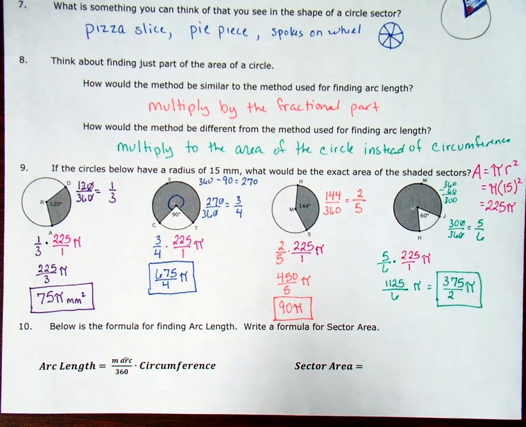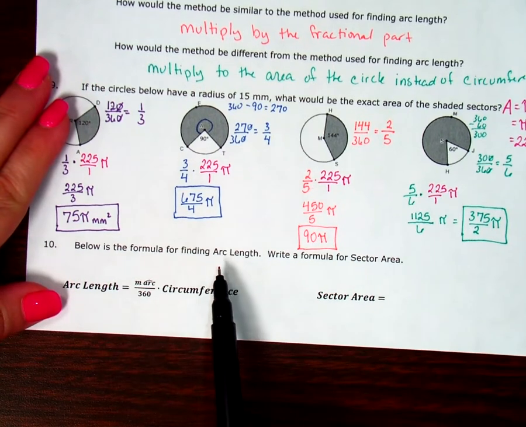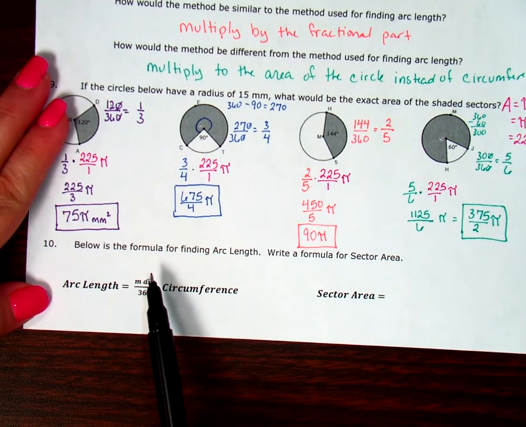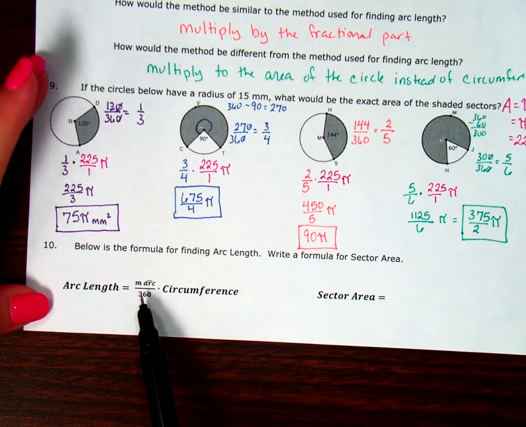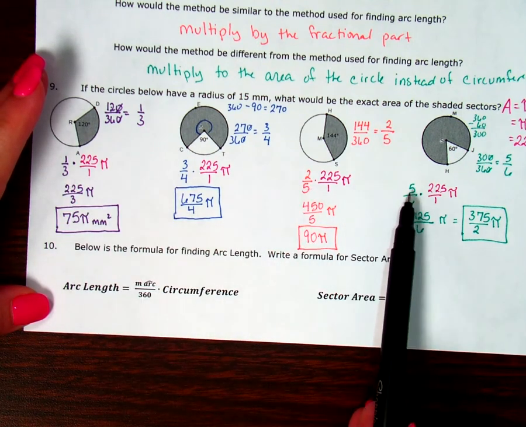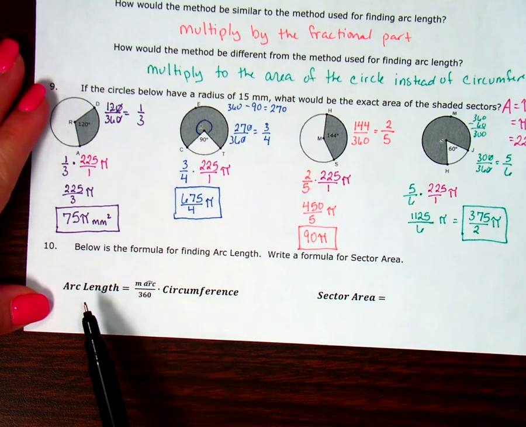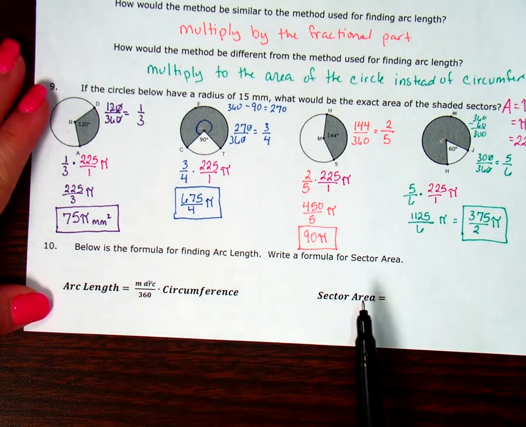Okay? So as kind of a recap, we looked at the formula for finding arc length in the last video. We said you take that measure of the arc and divide by 360, because that gives you the fraction that you need to multiply by. And then we multiplied that by the circumference to find my arc length. To find my sector area, well, how did I get these fractions that I multiplied?